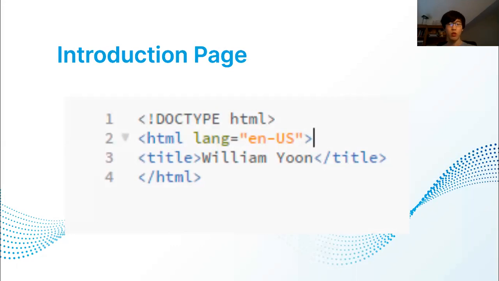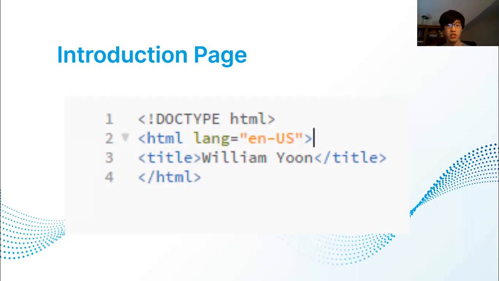Once you download Brackets, take some time if you haven't to download it, but once you have, I want you to start a blank script and write this. Doctype html, html lang en-US. Your title is just your name, and then you end your html.